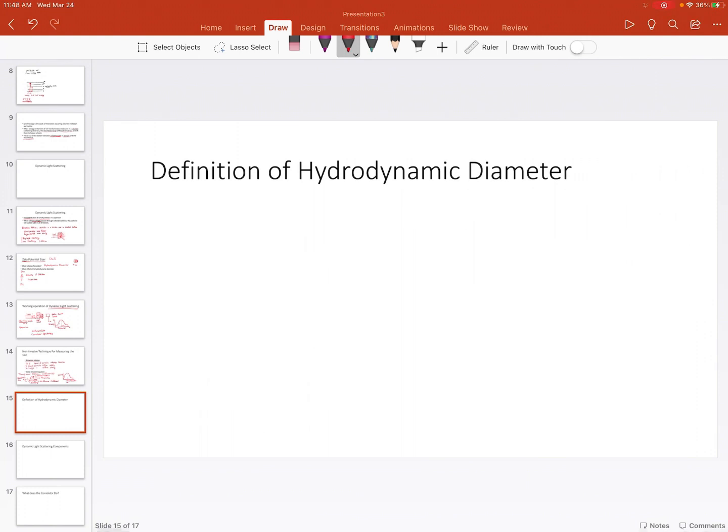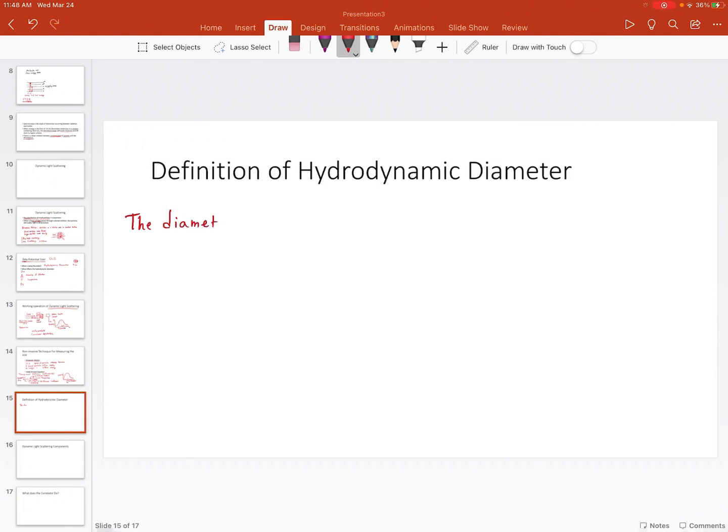So let's define the hydrodynamic diameter, the parameter that the DLS measures, another time. The diameter of a hard sphere that diffuses at the same speed as the particle or molecule that is being measured is called the hydrodynamic diameter.